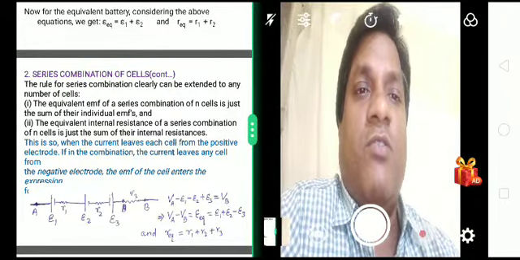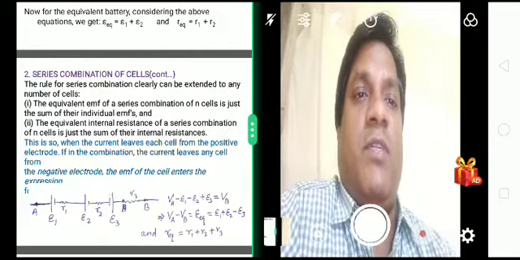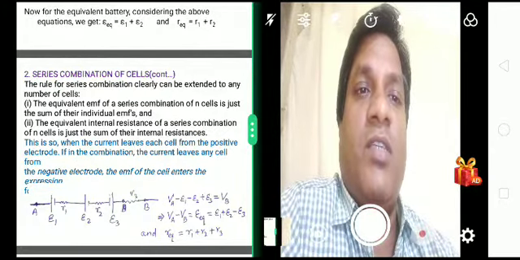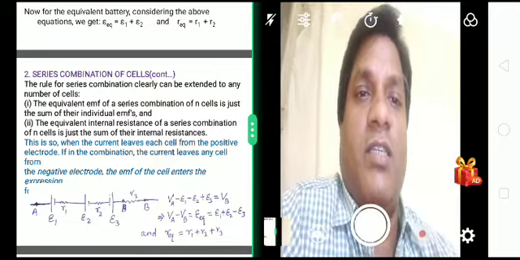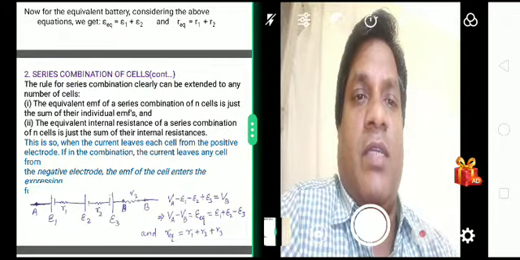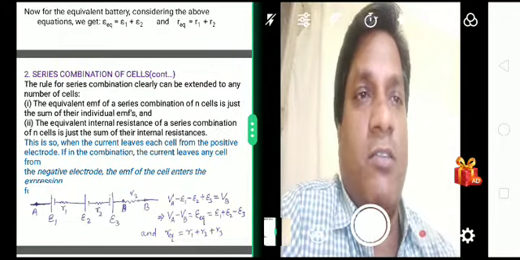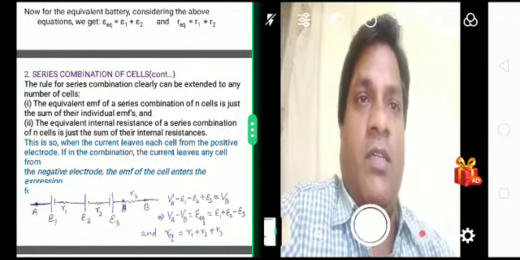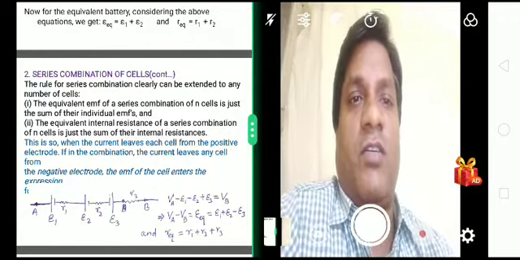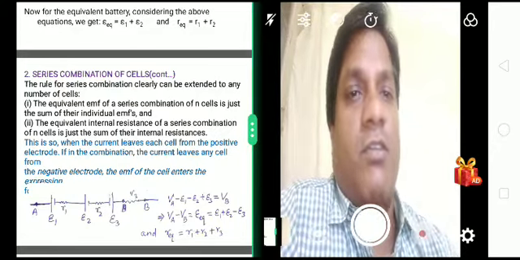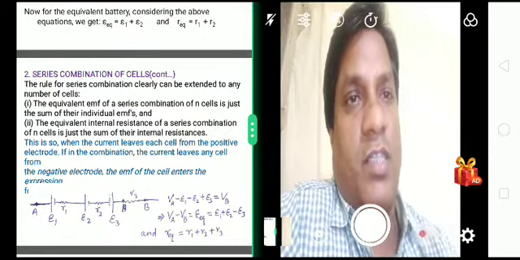So the equivalent EMF of the three cells will be equal to E1 plus E2 minus E3. But the equivalent internal resistance will remain similar. That means it is the sum of the internal resistance of each of the three cells.